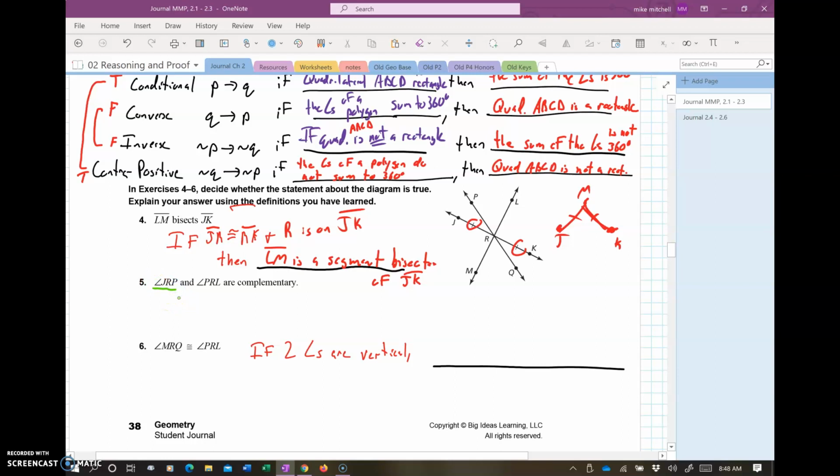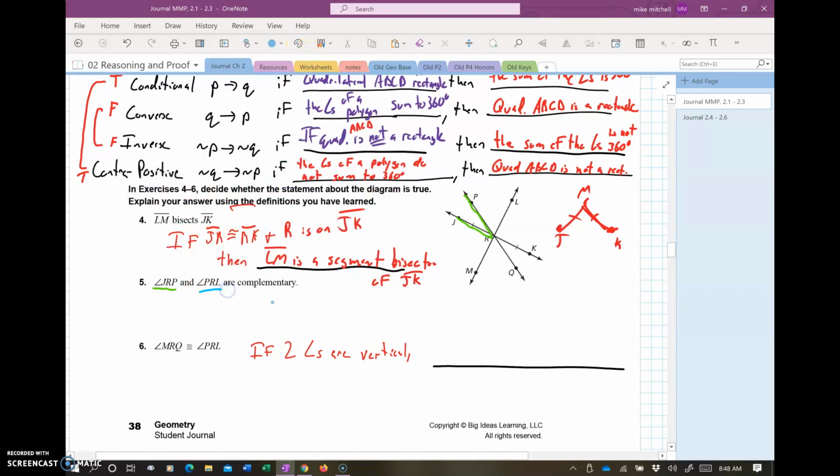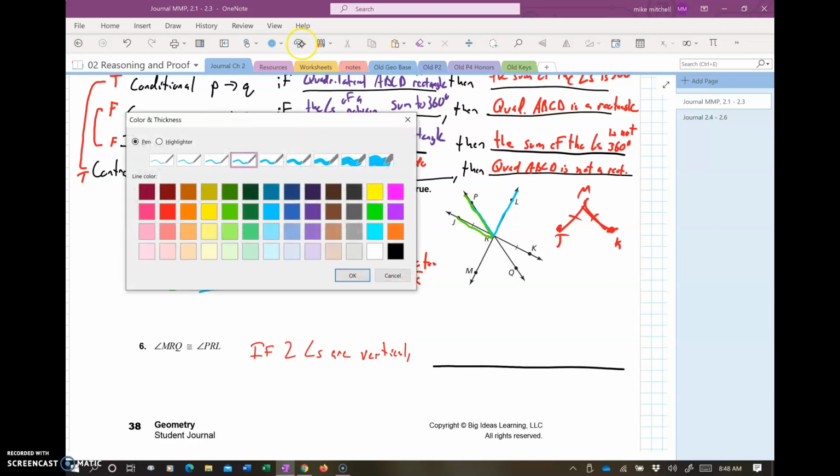Angle JRP. Where's JRP? I'm going to erase those. JRP, that's my green. Let's go blue for PRL. Well, those look like right angles, but there's nothing there to tell me that those are right angles. Looks don't matter, just like the real world.